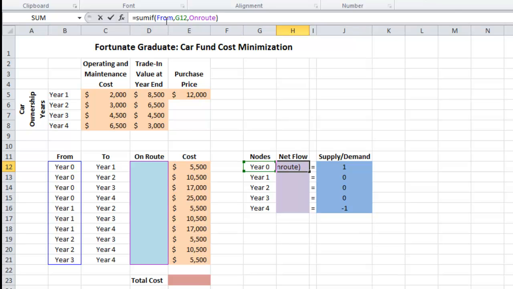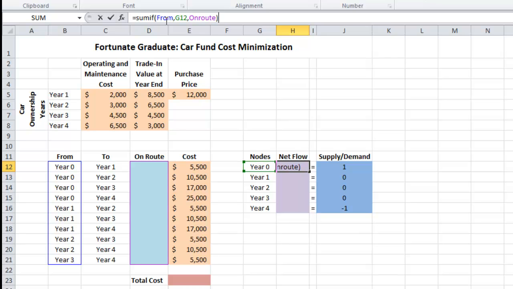Now, I'm not going to explain in a whole lot of detail what this does, but basically we're saying, okay, Excel, look at what's in G12. It's year 0. Now go over to the from column and find where year 0 is. So in this case, it's the first 4 cells in from. Now, wherever year 0 happens in from, go over to the en route column and add up whatever Excel puts in there. And that's exactly what this part of the formula does.